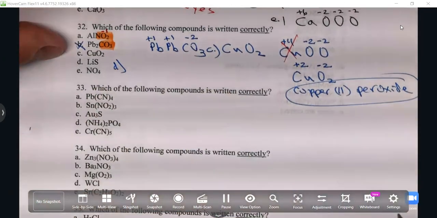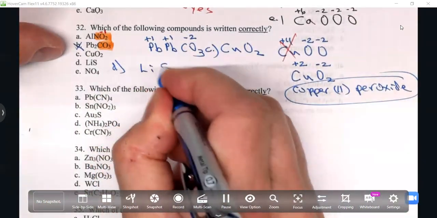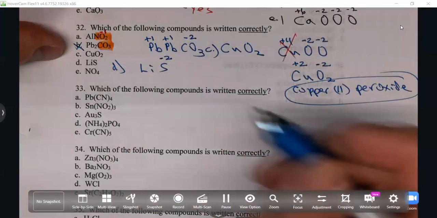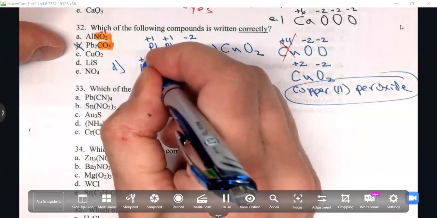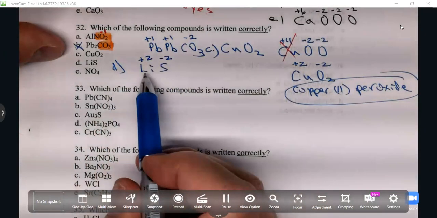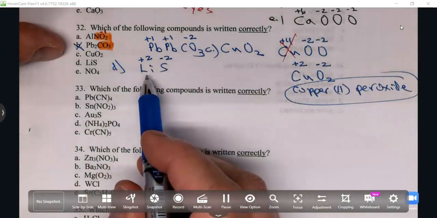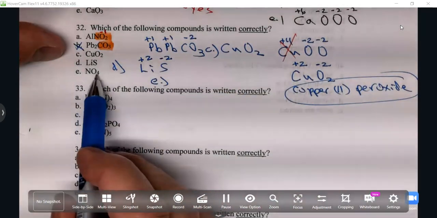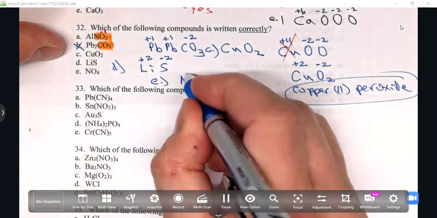In D, we have LiS. Well, sulfide is -2, but that would assume you'd have to have a lithium, which is a 2, and that doesn't exist. In E, you would have to assume that those O's are oxides.